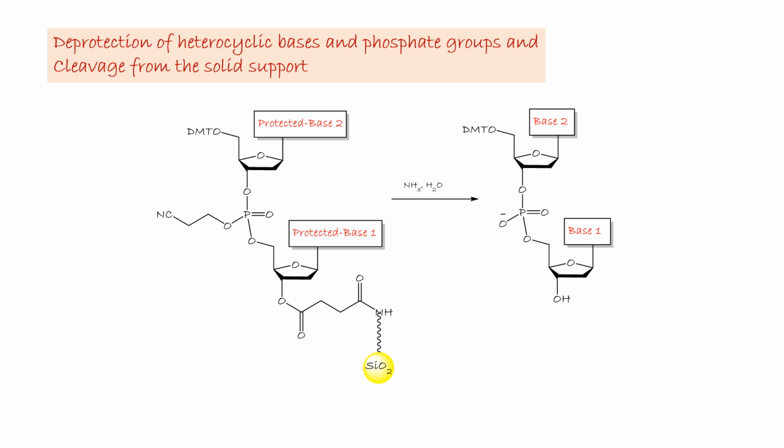Deprotection of heterocyclic bases and phosphate groups and cleavage from the solid support. That's what we need. So how can we get the heterocyclic bases and the phosphate deprotected? Using ammonia. So treatment of these species with concentrated ammonium hydroxide at room temperature for 1 hour will give this one.